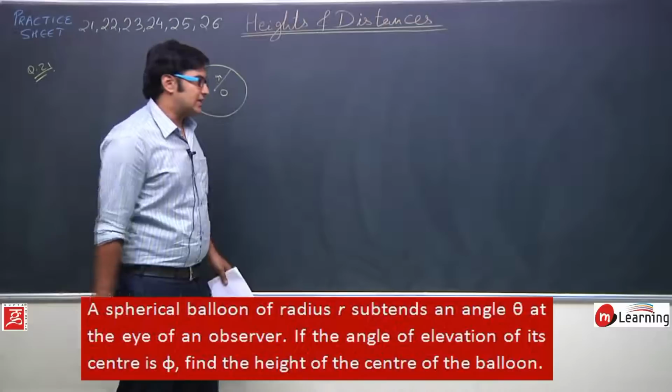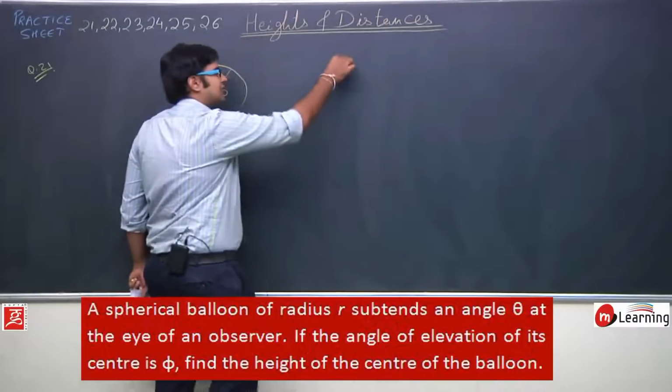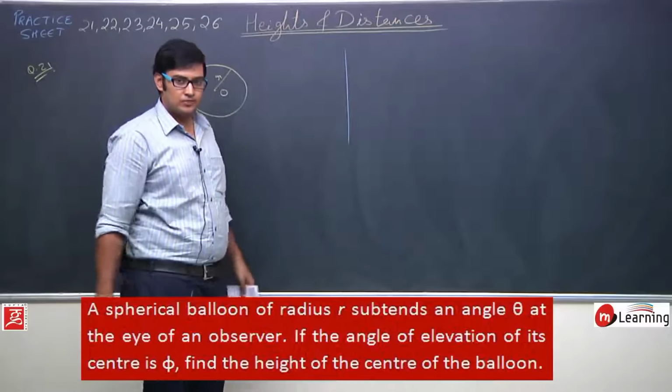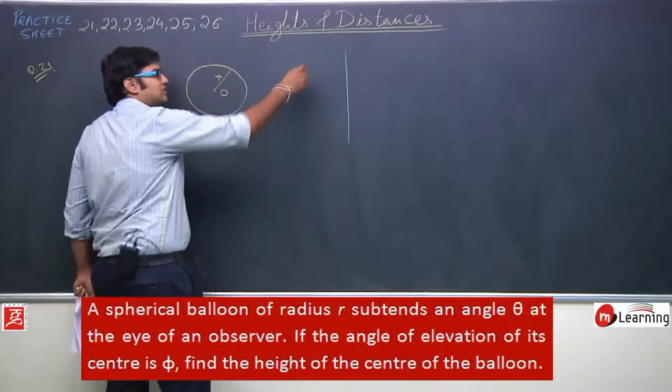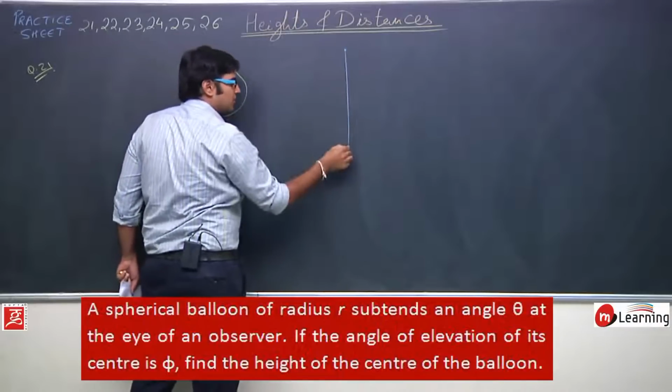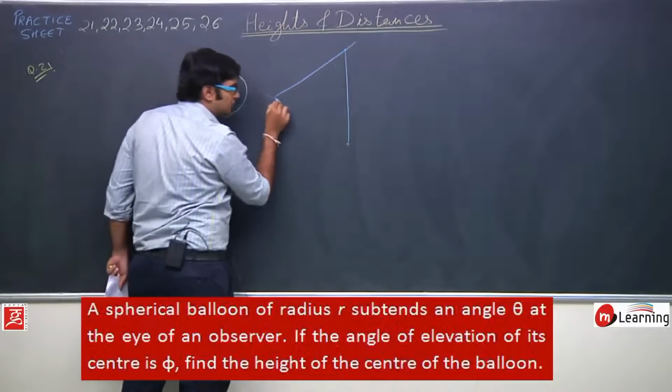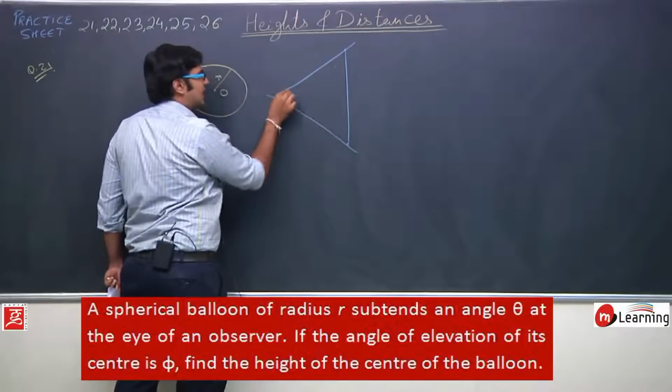What I mean to say is, for example, if I consider, let us say this is a wall. Now I want to watch this wall. So if I want to see this wall, the angle subtended by this wall at the eye of the observer will be known as this angle.